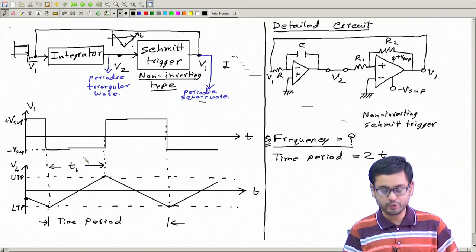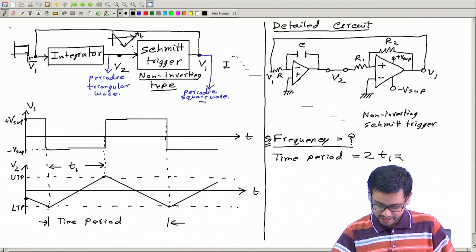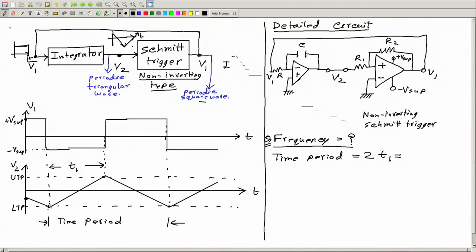Now how much is T1? This is the time required for V2 to go from LTP to UTP, which is the change in voltage, UTP minus LTP, divided by the slope of V2, or the rate at which it increases. This multiplied by 2.